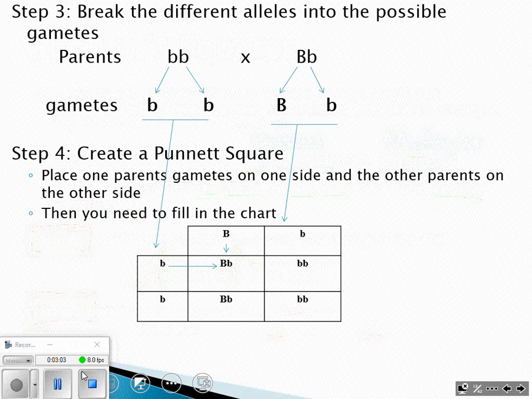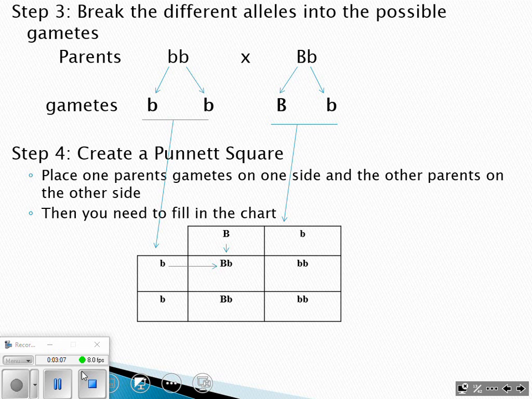So step three, this is probably the trickiest part. When we have our two parents, they don't give both of their genes or both of their alleles. We only give one, right? In meiosis, we halve the genetic information, so they can only give half. So we have to break down the alleles into the possible gametes.